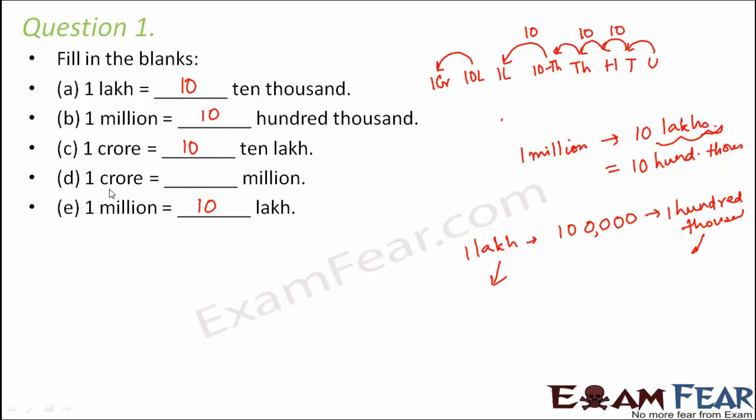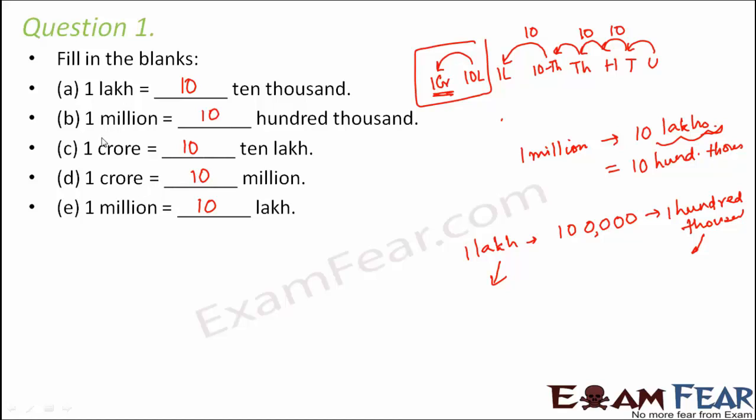And what about 1 crore is equal to how many millions? 1 crore is equal to 10 lakhs, and 10 lakhs is equal to 1 million, right? So 1 crore would actually mean 10 million.